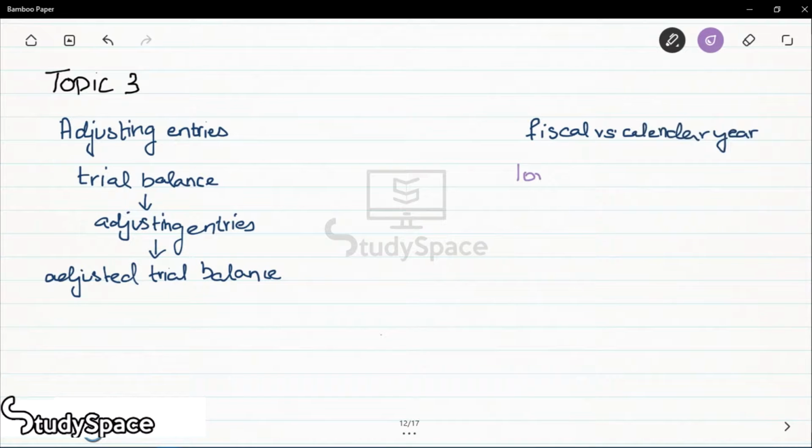So basically a fiscal year may be from January to December, like a normal calendar year, or some companies may have a different fiscal year.